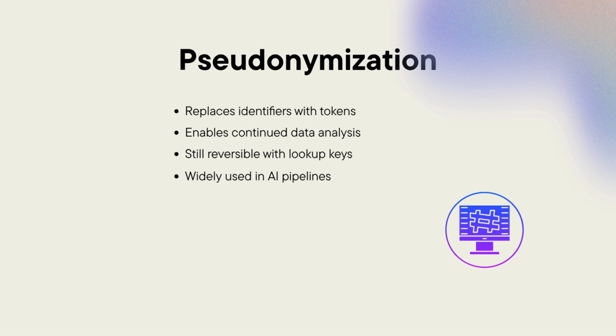It allows researchers and engineers to continue analyzing data while lowering immediate privacy risks. Pseudonymization is widely used in AI pipelines, particularly during model training, where the data needs to be useful but less directly tied to real individuals. It's a valuable tool, but not a guarantee of privacy.